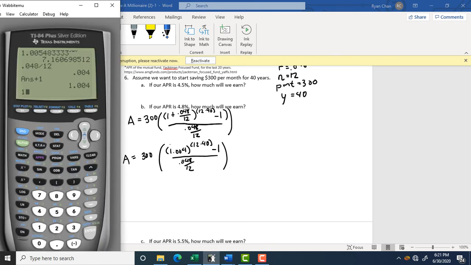So 12 times 40 is 480, and 0.048 divided by 12 is 0.004.